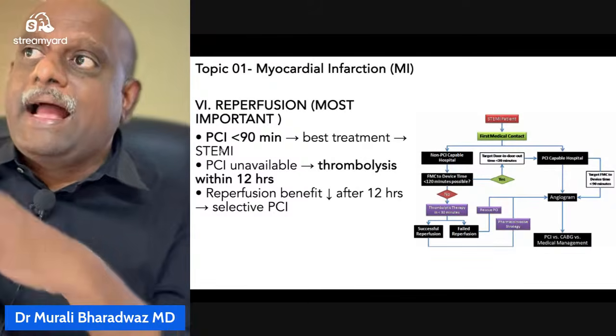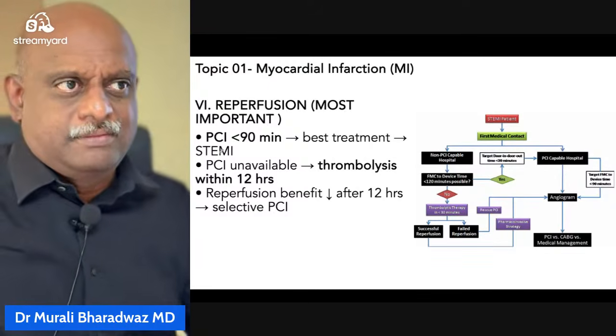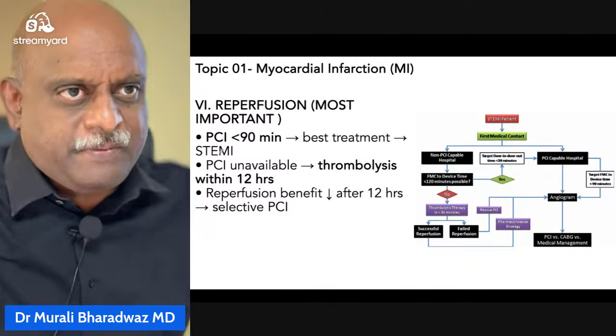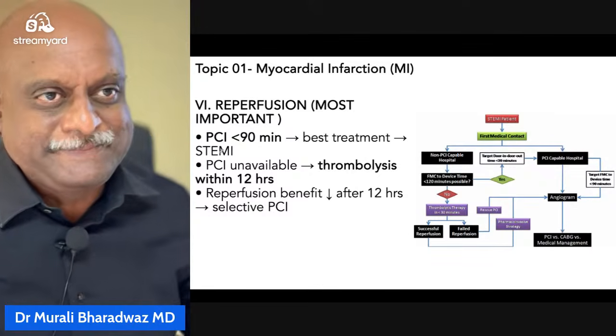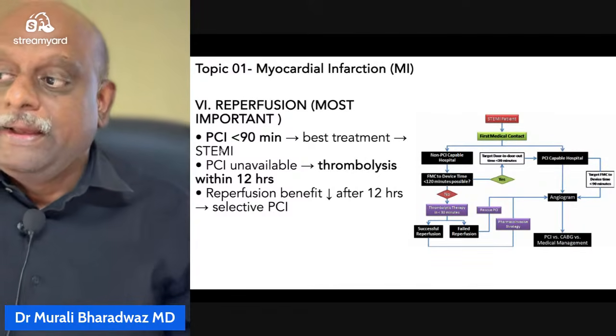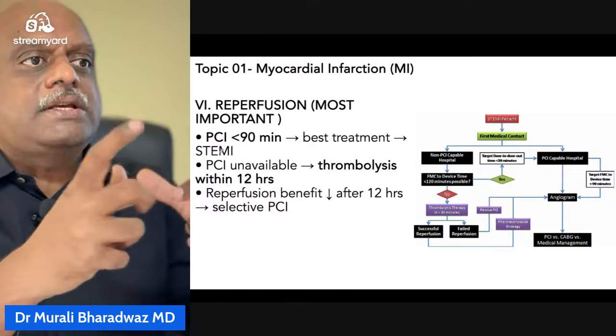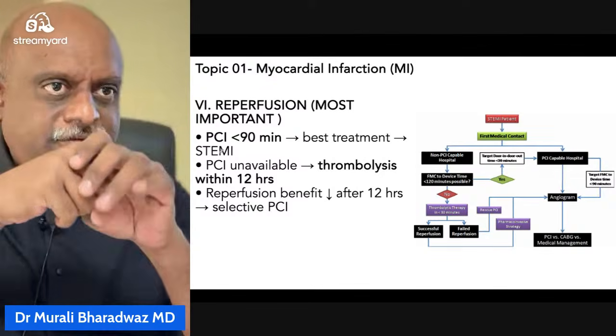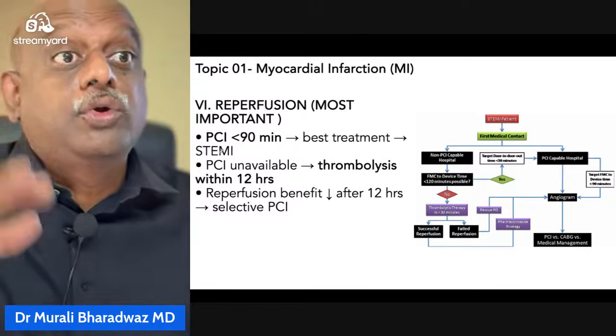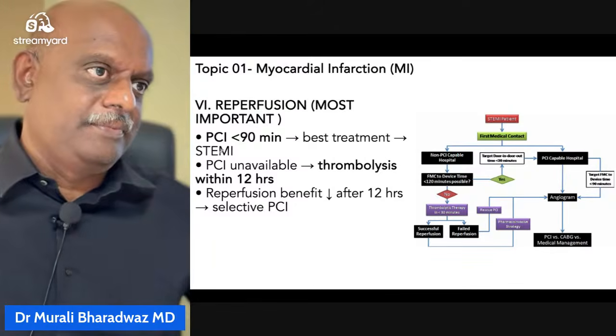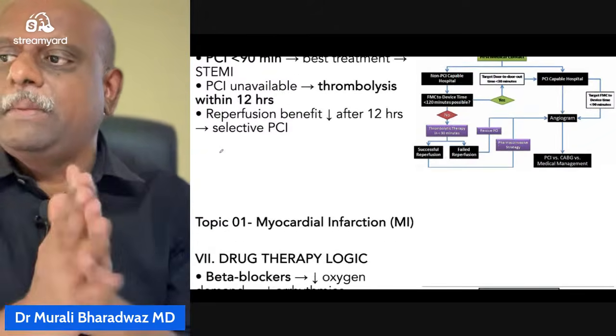If the cath lab is not there, though nowadays cath lab is there everywhere, once upon a time it used to be only in Hyderabad, then you need to do thrombolysis. When will thrombolysis, breaking the clot in the coronary, help you? If you do it within 12 hours, is what you have to remember.